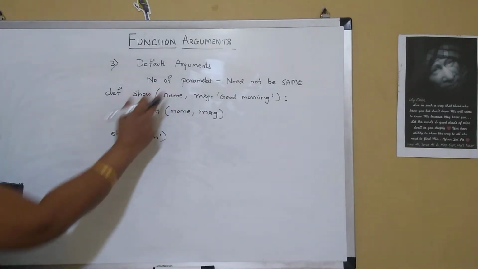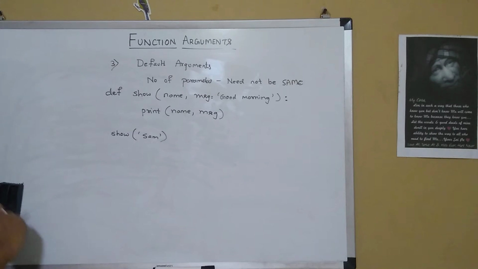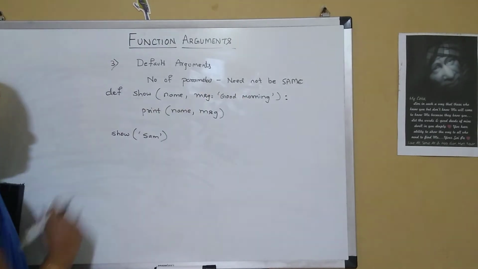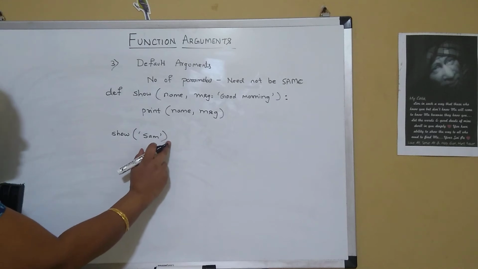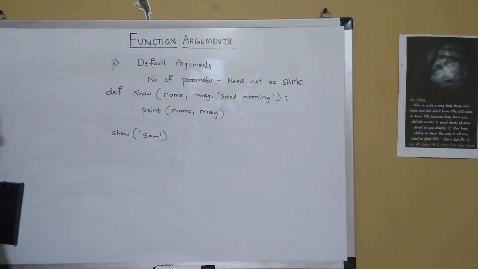So the number of parameters in function call and function definition need not be the same, because some of the arguments are default arguments. So when I don't pass the second argument, by default it will take good morning as the second argument.